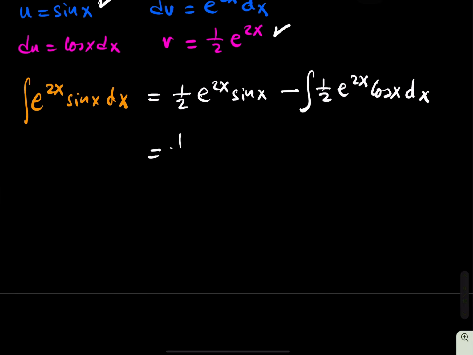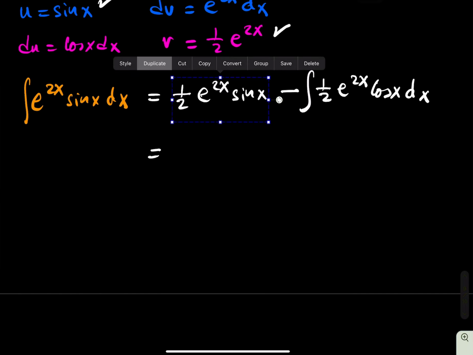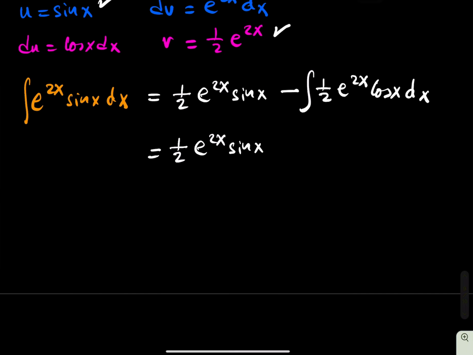Let me just copy it to save time. And then I take this half out, so it's going to be minus 1 over 2 the integral of e to the power 2x cos x dx.